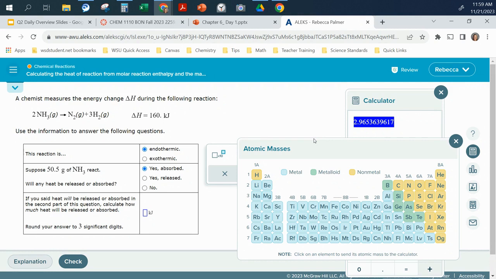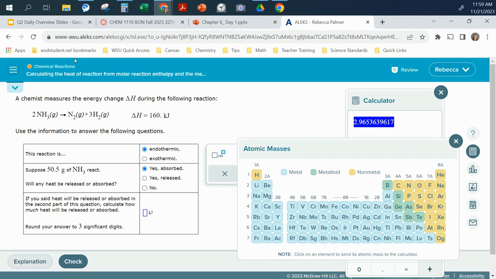You don't want to round before. I think Alex recommends keeping 2 beyond what you should. Or just keep whatever's in your calculator until you're done, then you can round.